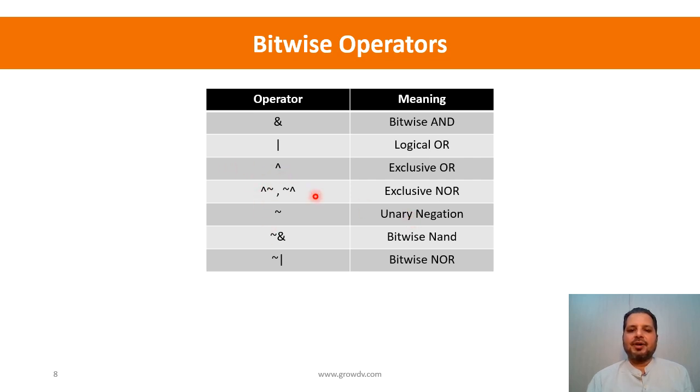So it's expressed this way. Both of them are valid. So you can do unary negation, and then bitwise NAND you can do. Then the bitwise NOR also can be performed by combining the unary negation with the OR, and so these are the bitwise operators available.